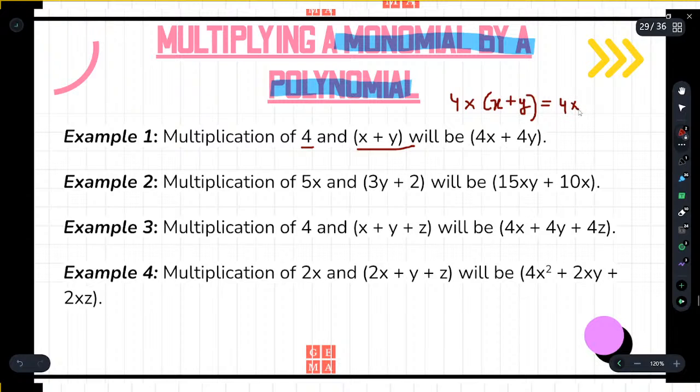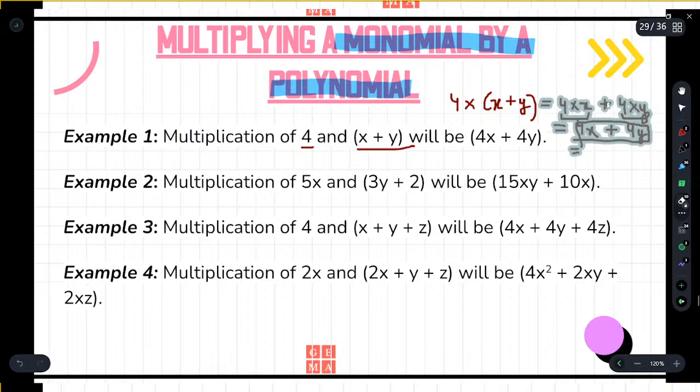So 4 into x plus 4 into y, which is multiplication of a monomial with another monomial, right? So 4 into x will be, as we did earlier in the examples, 4x, and 4 into y will be 4y. So 4x plus 4y is this. This is our answer.